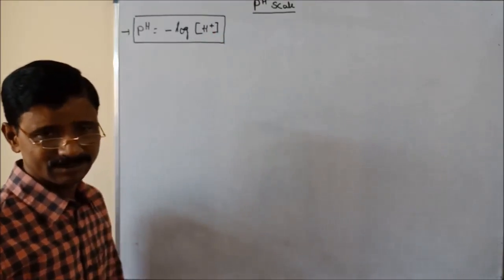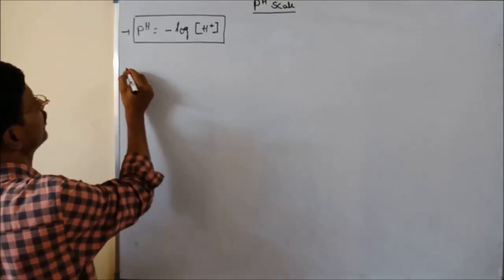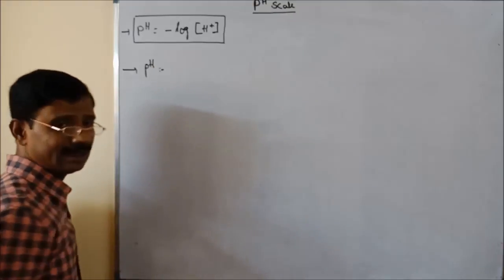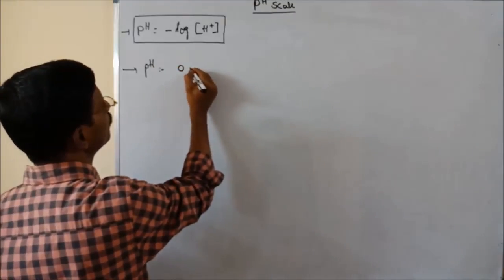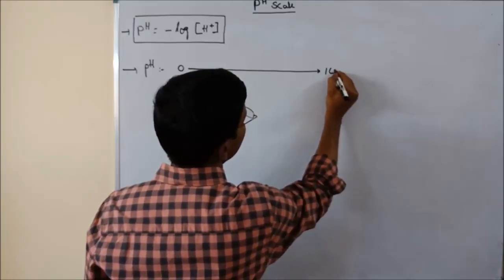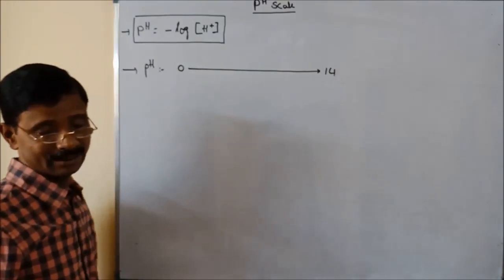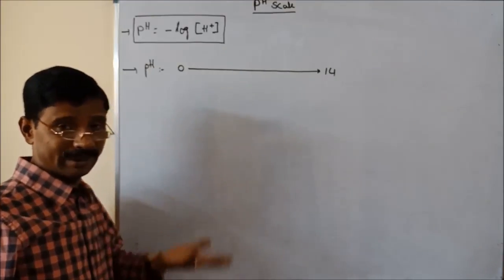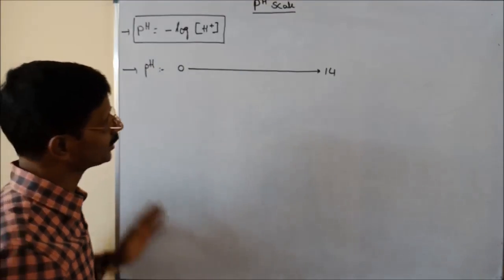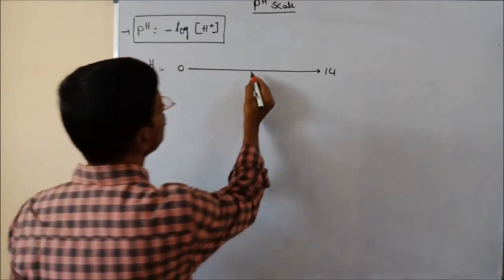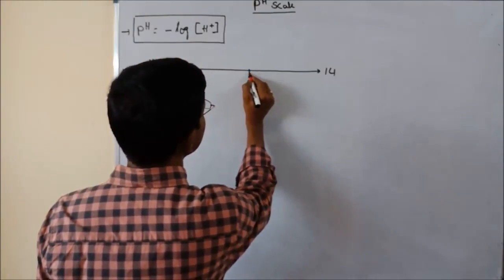Now in general, the pH scale is 0 to 14 at 25 degrees centigrade, because Kw is 10 power minus 14. So as per that, we are having 0 to 14. In between we are having 7.